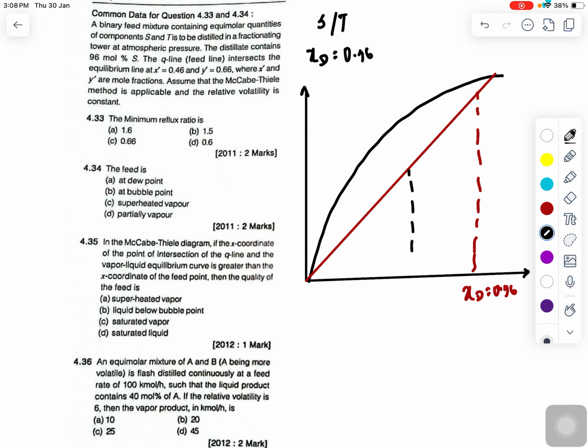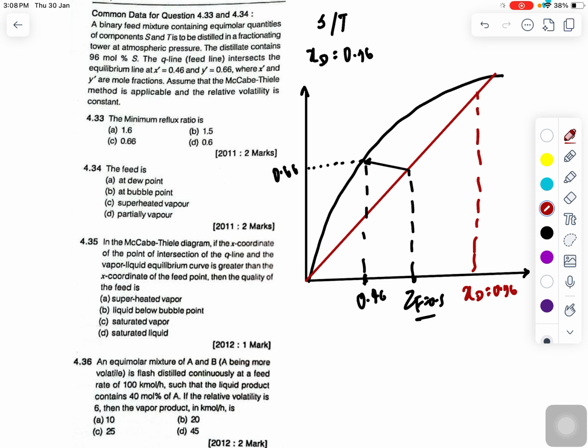So the feed line will start from here, and here ZF is equal to 0.5. So the q line intersects the equilibrium line at 0.46. Let's say I am assuming this one is the q line, so the x coordinate of the q line here is 0.46 and the y coordinate is 0.66.